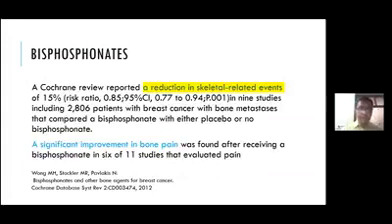A Cochrane review in 2012 shows there is an overall reduction in skeletal related events, which includes pain also, and there is significant improvement in the bone pain after receiving bisphosphonates. So bisphosphonates can be used.